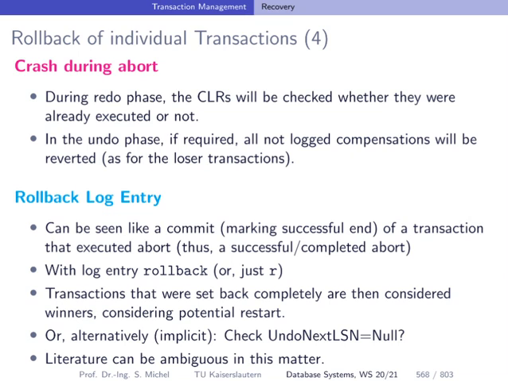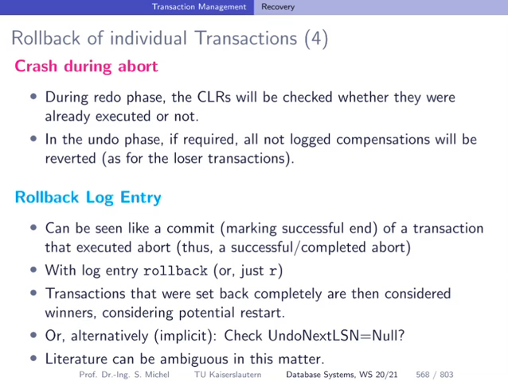So it can happen that the crash happens during the abort or rollback, but this is not a problem. And it should be clear by now in the discussions why this is not a problem. If you're looking at literature, sometimes there's a little confusion, a bit ambiguous in how you're writing this. In the end, it's all the same, but you can write down that if a transaction was successfully aborted, this transaction is now a winner transaction.